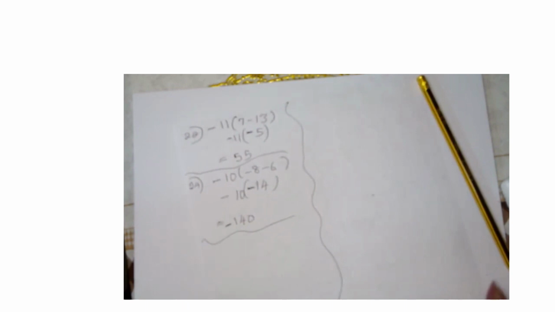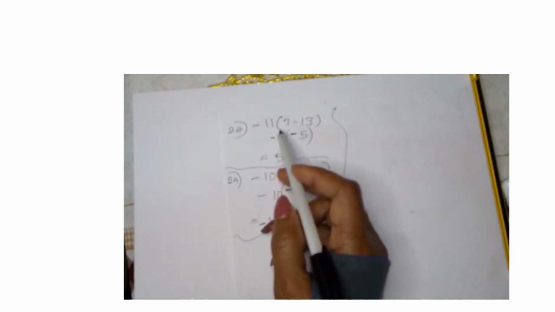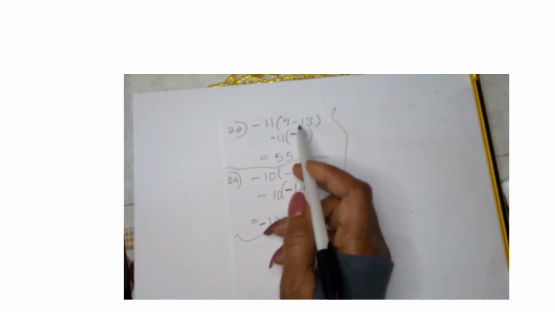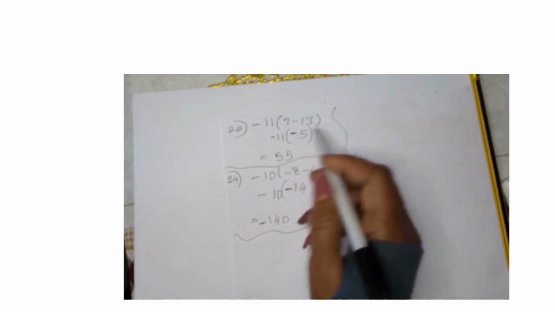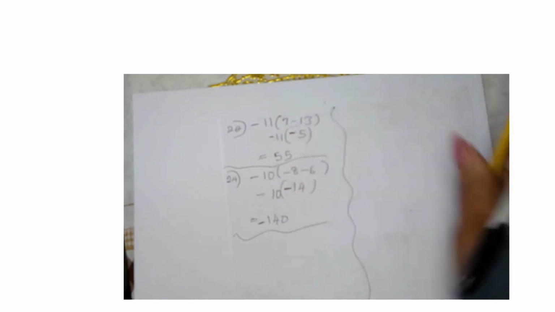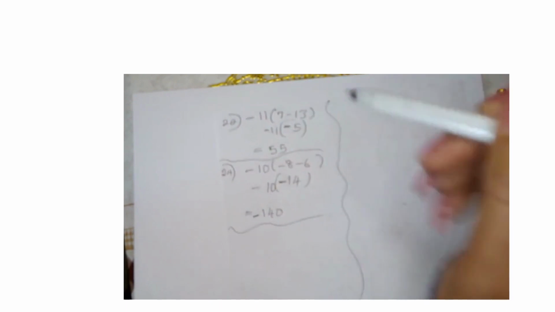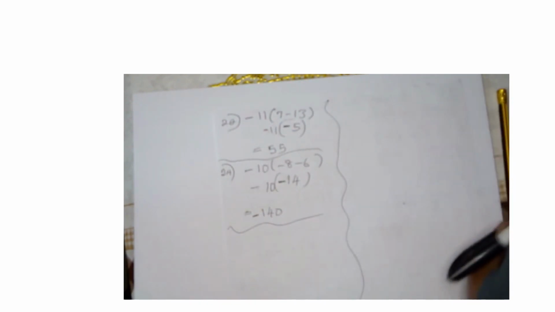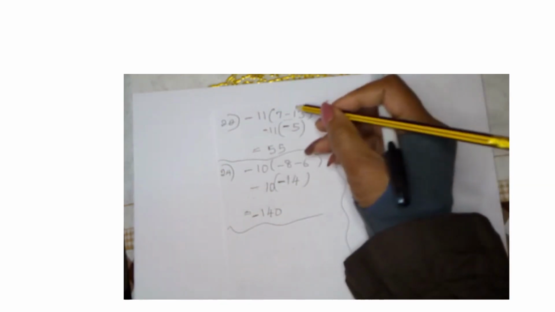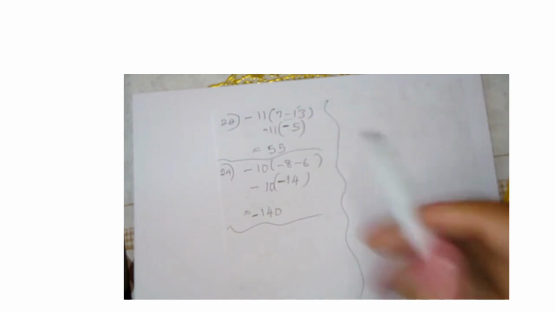Now you have question number 22, which is negative 11 bracket 7 minus 13. Remember, you always solve the one in bracket first. Okay, so 7 minus 13, you subtract and keep the sign of the bigger number. Here the bigger number is 13 and the sign in front of it is negative, so you're going to subtract. You remove 7 from 13, you get 6.